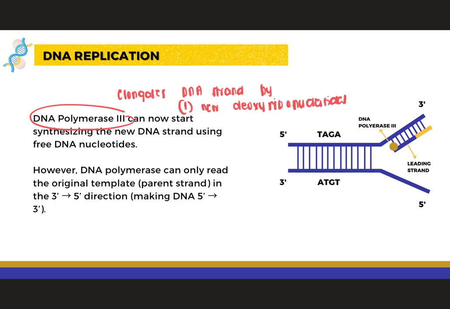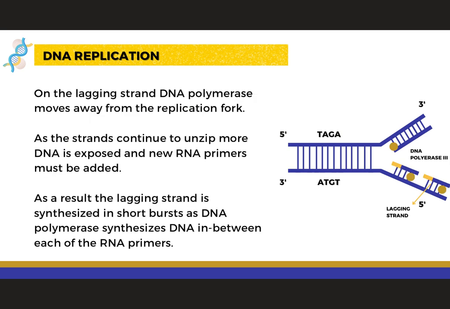Please remember that your DNA polymerase cannot start DNA replication on its own. Thus, it requires your RNA primase. And it can only synthesize DNA in one direction, that is the 5' to 3' direction. So on the lagging strand, DNA polymerase moves away from the replication fork.